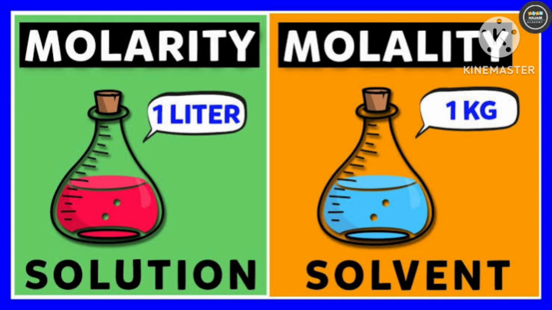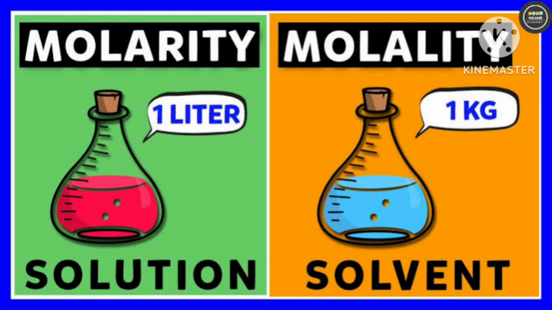1 liter or cubic decimeter, 10 to the power minus 3. Correct? That is called a decimeter. Both are equal, liter and cubic decimeter. Then 0.25 mole of NaOH, sodium hydroxide, is present in 1 liter.